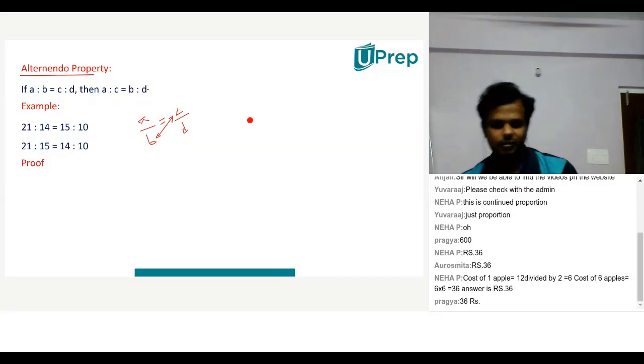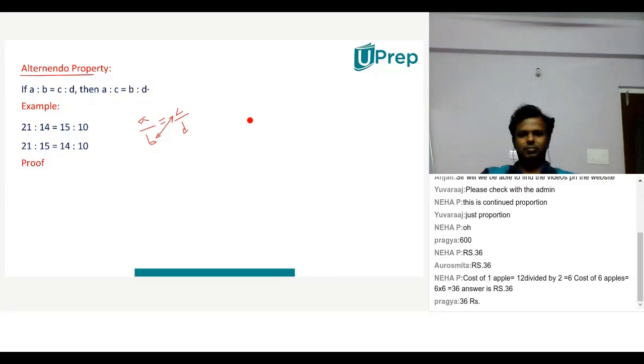So can I just tell an example, if it is correct or not? Now what is the example? 6 by 10 equal to 20 by 30, with this alternendo 20 by 30. How is 6 by 10 equal to 20 by 30? Sir, I just took a random option.